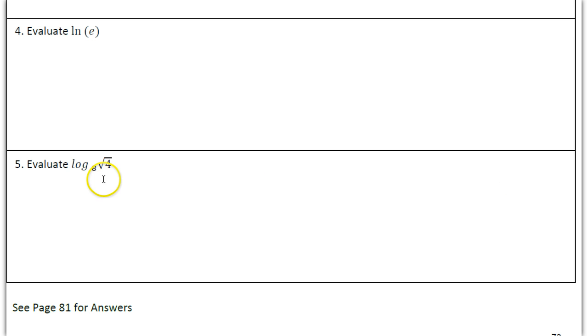Here our base is 8. Our answer is going to be the square root of 4. I could put that over here, but I could just say it's going to be 2. Square root of 4 is 2, another way of looking at that. So what would be the exponent when you have a large number that's going to give you a smaller number?